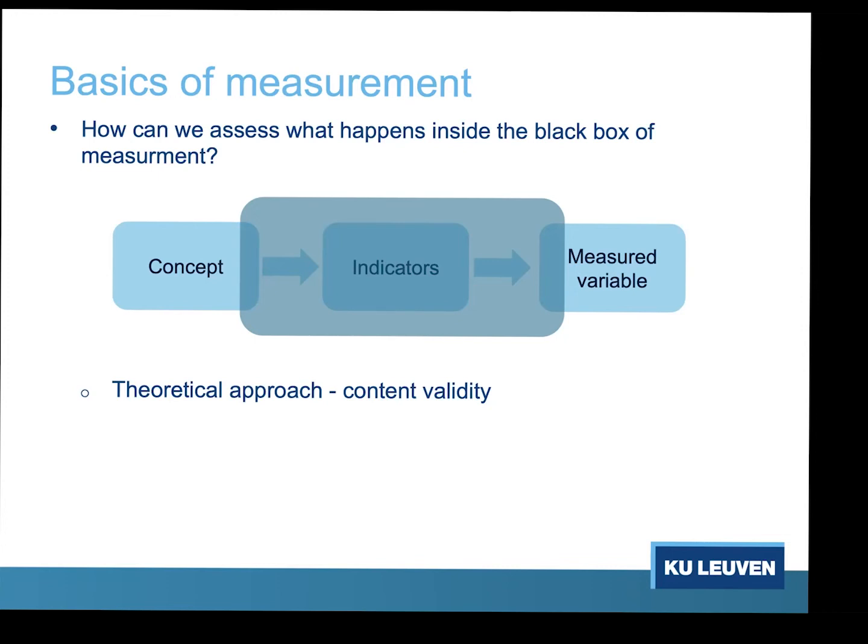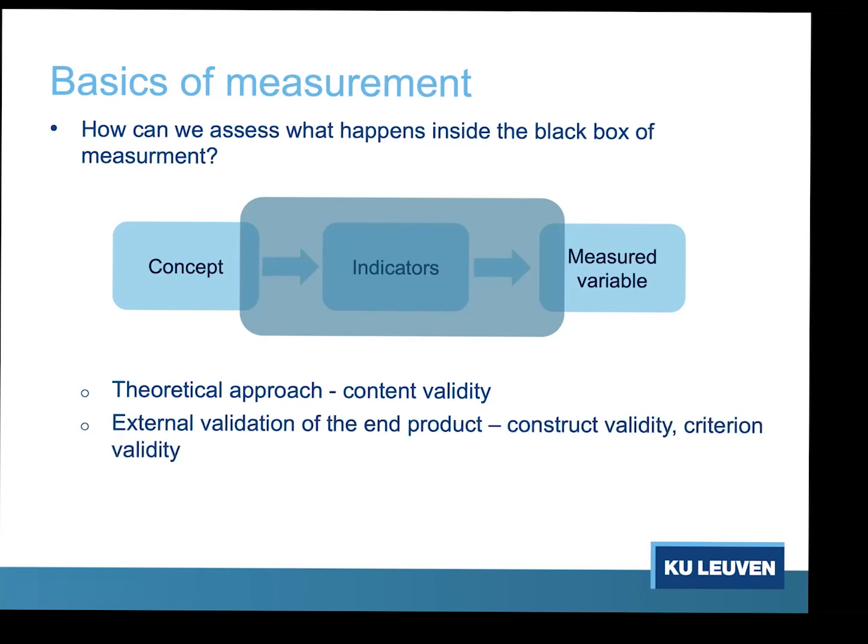Now, other approaches are more empirically grounded. They take a look at the data and try to see if the measurement approaches are valid and sufficiently reliable. And so one other logic is external validation. So let's take the end product, the measured variable, and then let's try to link it to other variables that we measure.